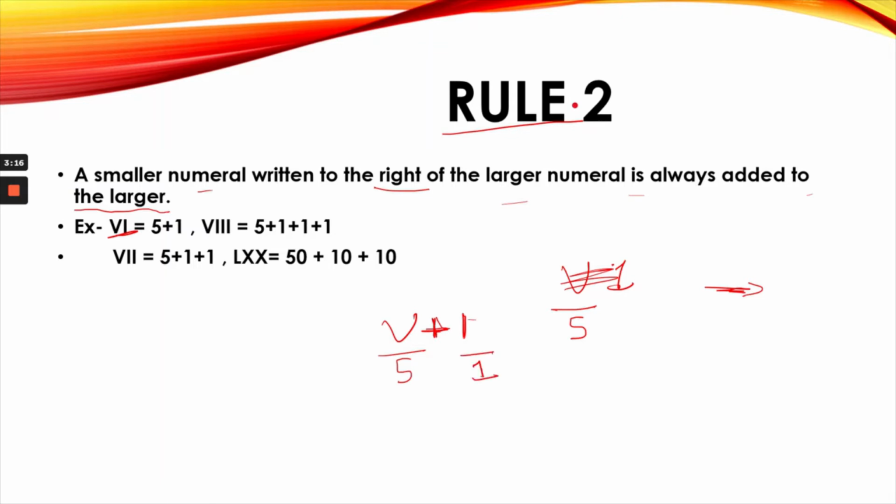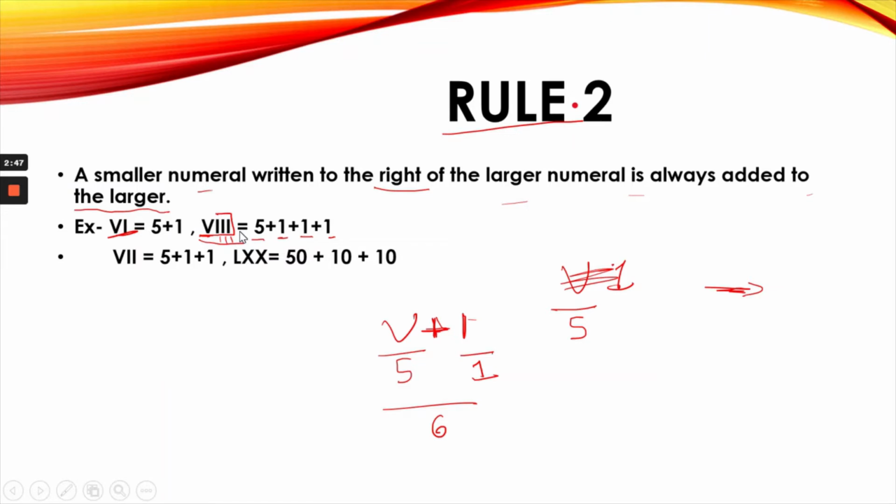I is 1, so 5 plus 1 equals 6. Here is another example, V I I I. I have told you that a numeral can be repeated only 3 times. Here I is repeated only 3 times, and V is not repeated. So this is 5 plus 1 plus 1 plus 1. So you can see this.